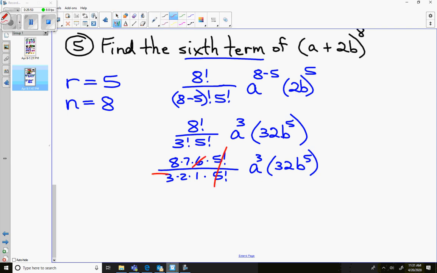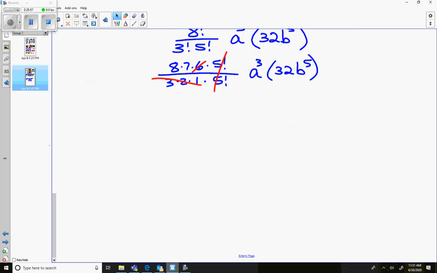The 6 cancels with the 3 times 2. So I'm left with 8 times 7, which is 56. That part's easy enough. But then you got 56 times the 32. Probably need a calculator for that one. And we get 1792 a cubed b to the 5th. And that is our answer to this problem.